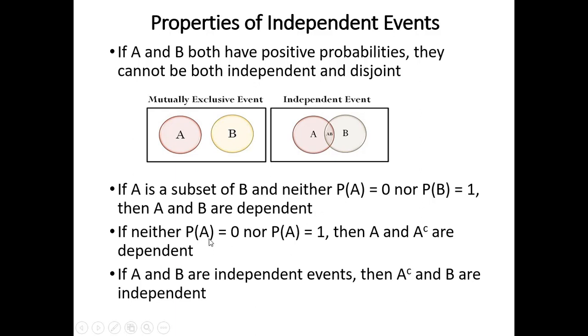If neither the probability of A is 0, nor the probability of A is equal to 1, then A and A complement are dependent. And if A and B are independent events, then A complement and B are also independent events. So here we have an introduction to independent events. This is going to be a recurring theme throughout the course, and we'll find other ways of determining if events are independent.